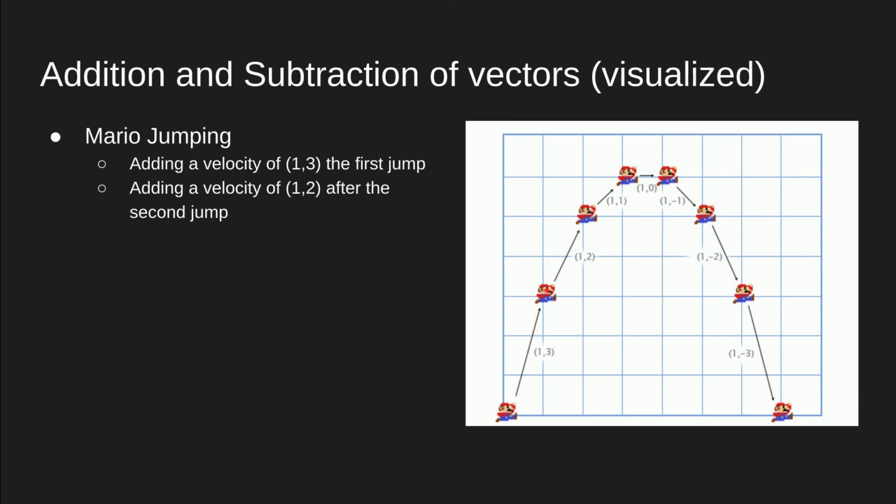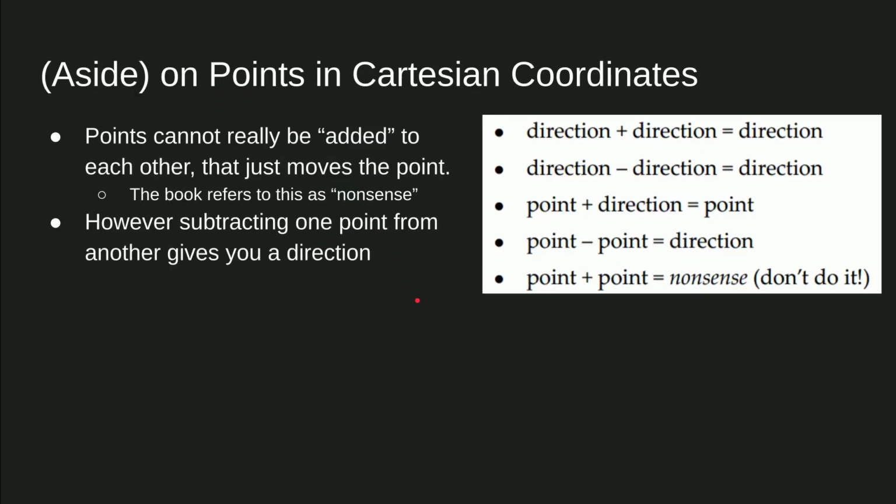Then if you hit jump again to get that double jump, you add a velocity of 1 and 2, and then you get this nice arcing jump here. Then you slowly apply gravity and some drag on Mario so that he slows down from moving forward, and that's kind of cool. So that's how you'd use addition and subtraction of vectors.